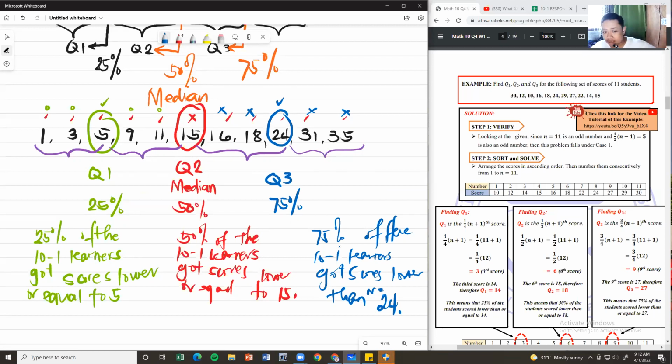So it simply says that if your score is 24 or lower than 24, you belong to the lower 75% of the class. But if your score is greater than 24, then you belong to the upper 25% of the class.